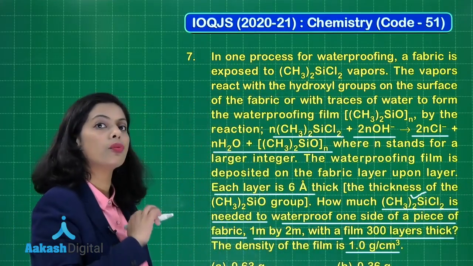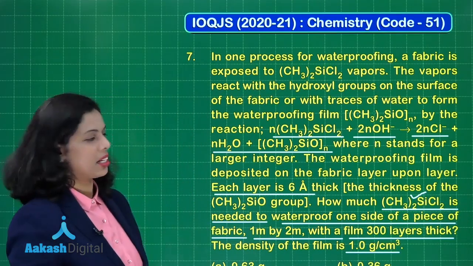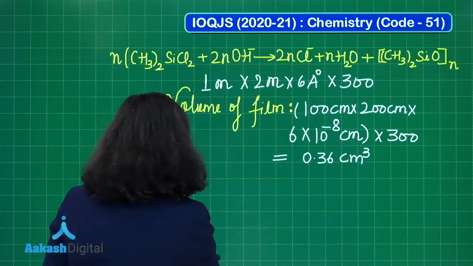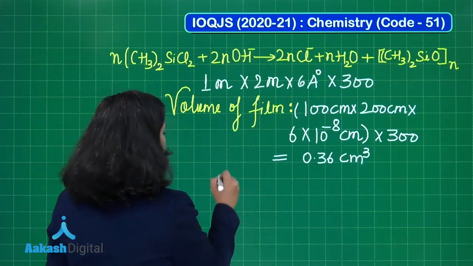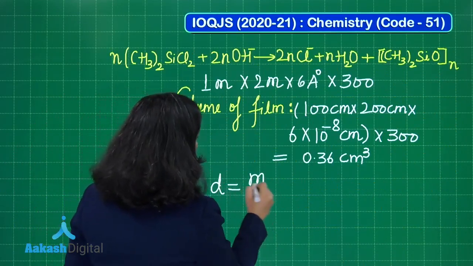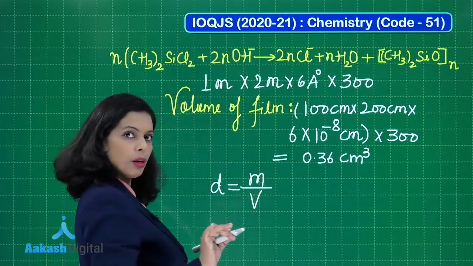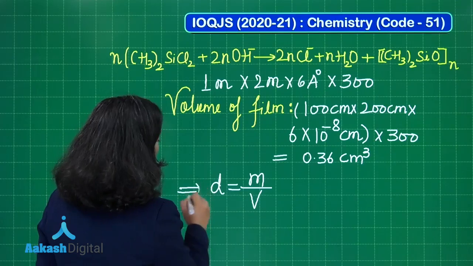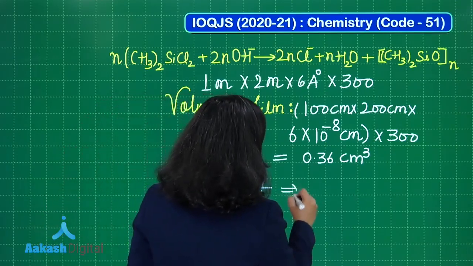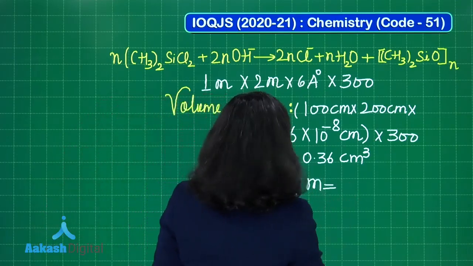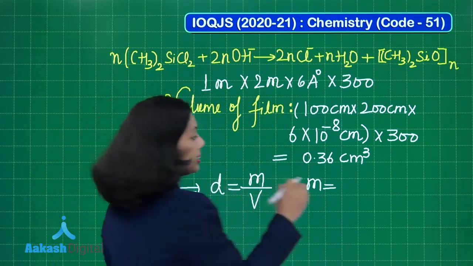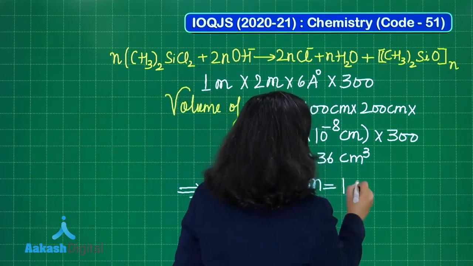With the help of this, we are going to find out the mass. Very simply, density is equal to mass per unit volume. Simple formula. And if it is a simple formula, then definitely mass would be density into volume. And density is 1 gram per centimeter cube.